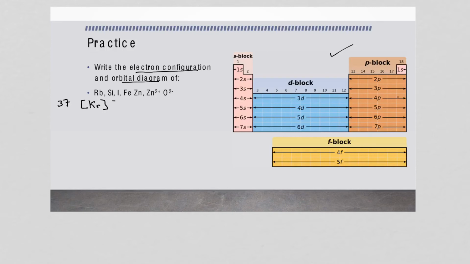And for rubidium, we go into the 5s1. For the orbital diagram, we would just do the orbital diagram for the 5s, and it would look like that.